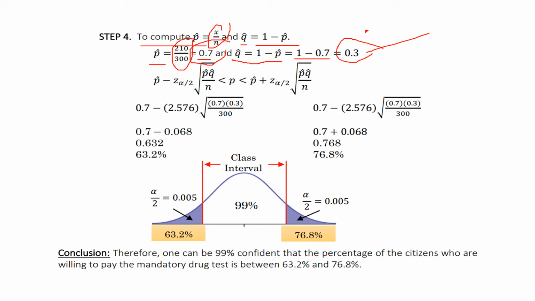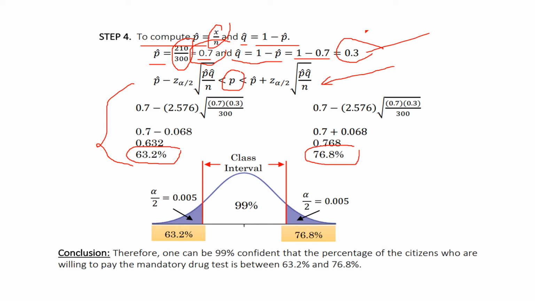So we simply substitute into the given formula for the margin of error. And we assume that your population proportion p will fall between your lower and your upper limit. So we simply substitute the given values for your lower and upper proportion limit. Our resulting value for your lower limit is 63.2% and for your upper limit is 76.8%.